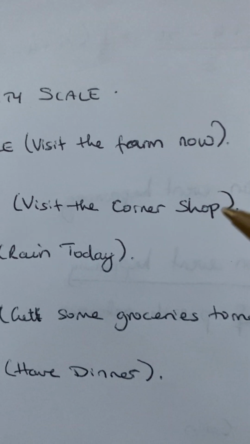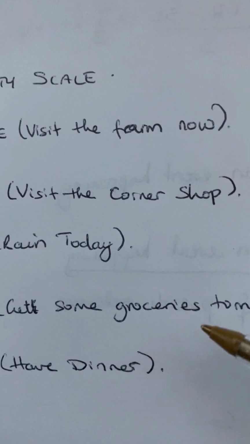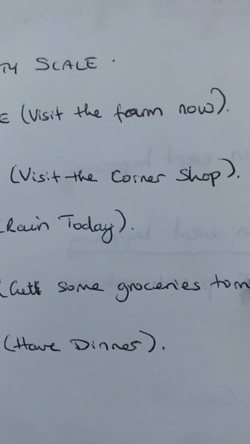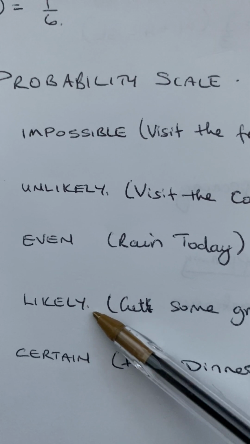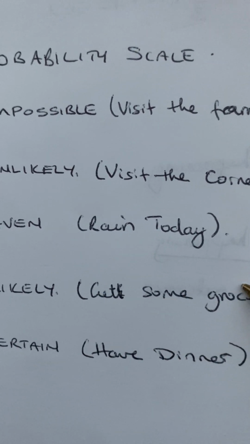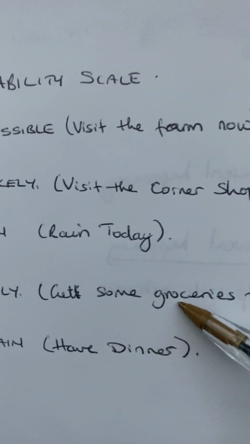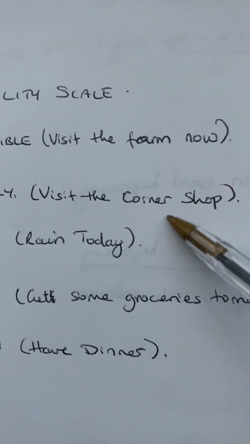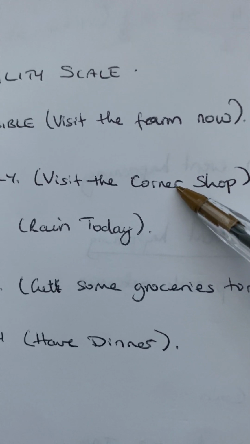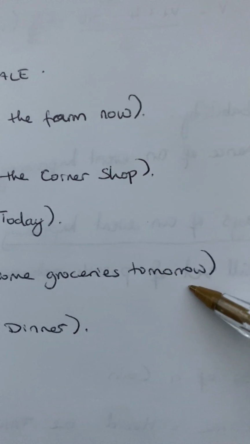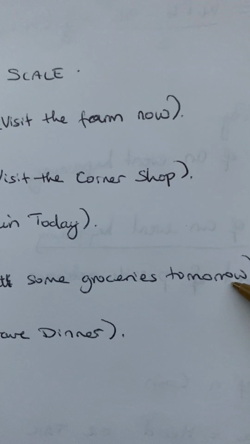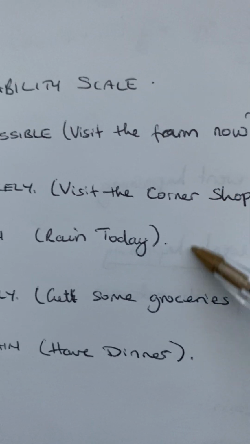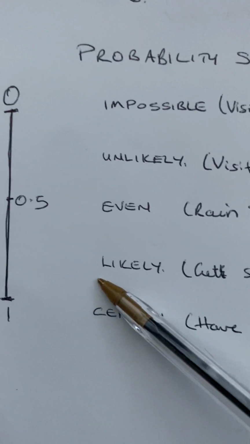I might postpone it to the next day, even though I need some groceries. But if I can do without them, then it's likely I might not go. But it's also likely I might go and get some, because I wouldn't want to be spending too much money in the corner shop. If I go to the shop, it's a lot cheaper than the corner shop. That's why I put it as likely.